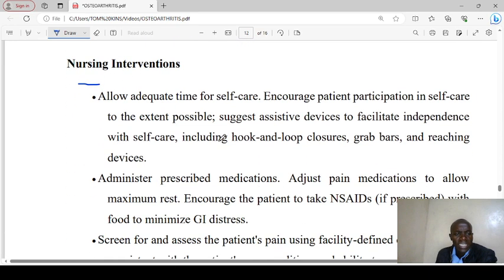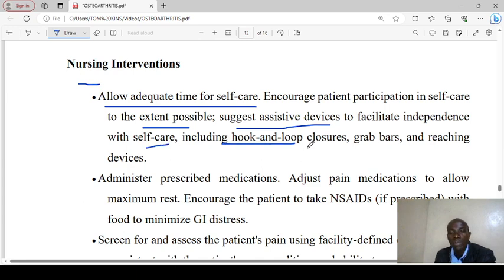When you look at nursing responsibilities, you allow adequate time for self-care and encourage patient participation in self-care to the extent possible. Suggest assistive devices to facilitate independence with self-care, including hook and loop closures, grab bars, and reaching devices.